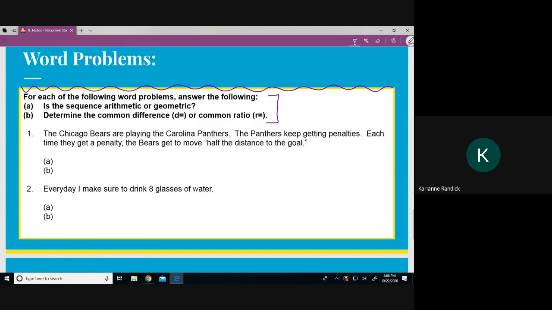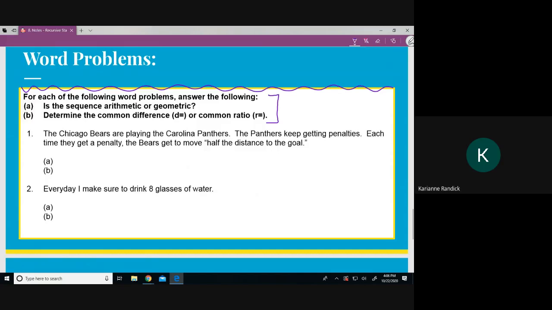In our first one, it says the Chicago Bears are playing the Carolina Panthers. The Panthers keep getting penalties. Each time they get a penalty, the Bears get to move half the distance to the goal. So you have to think, is that arithmetic or geometric? Well, am I adding, subtracting, multiplying, or dividing? First, I look for keywords.